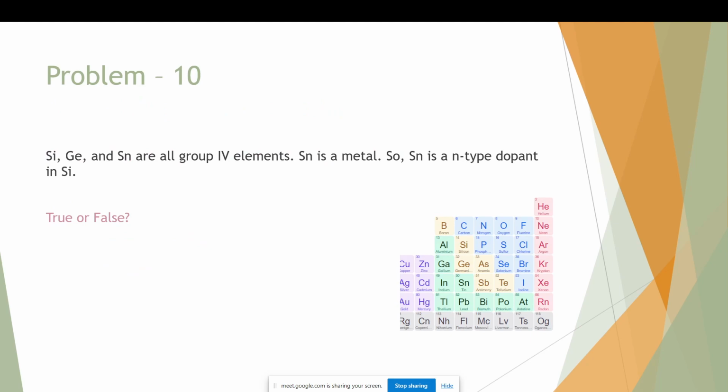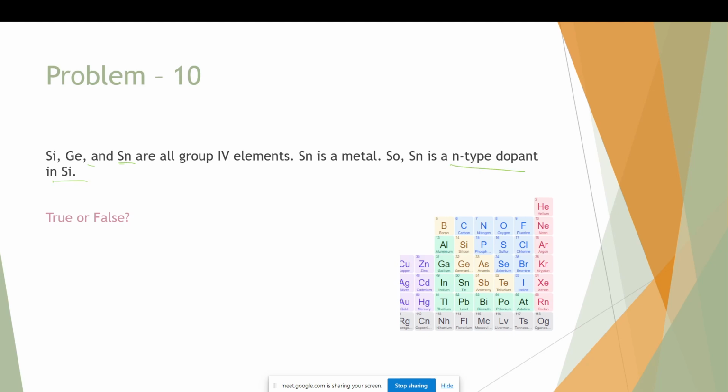So problem 10: silicon, germanium and tin are all group 4 elements. Tin is a metal, silicon and germanium are semiconductors, and carbon is a non-metal insulator. Tin is an n-type dopant in silicon.